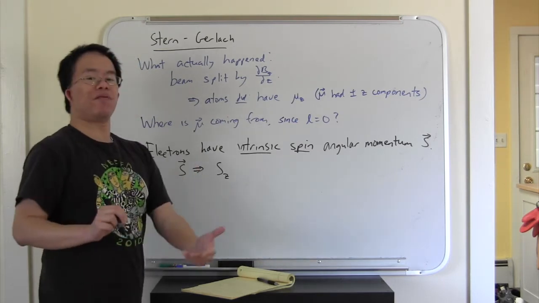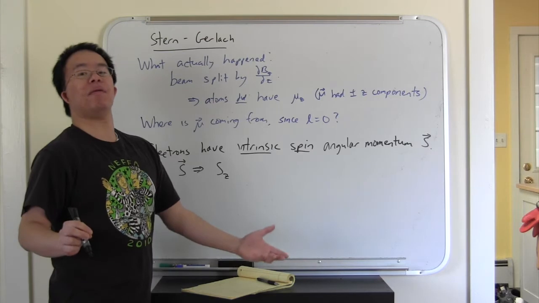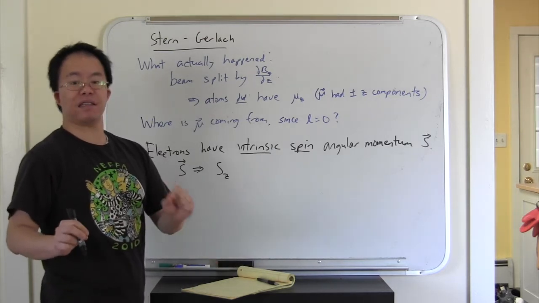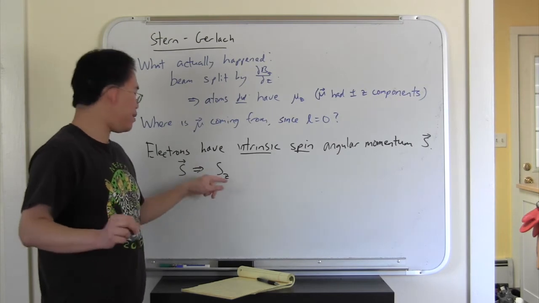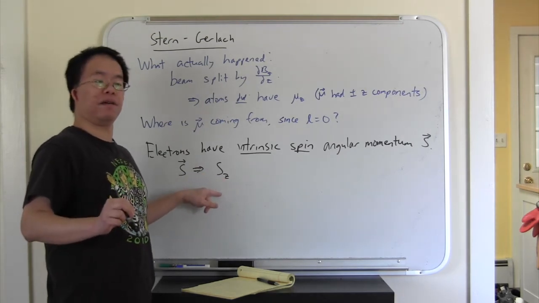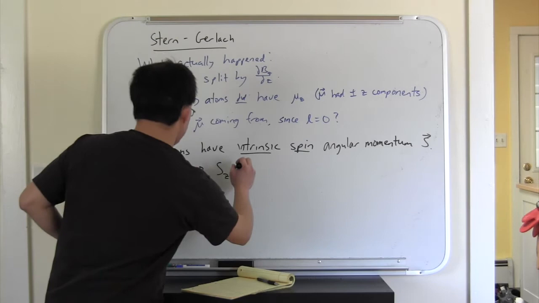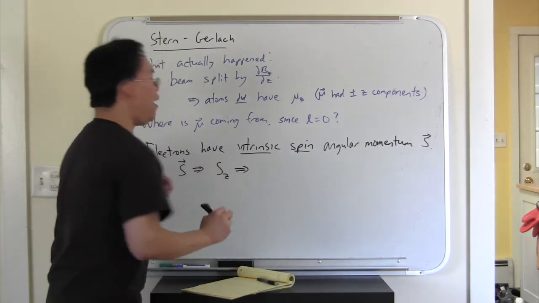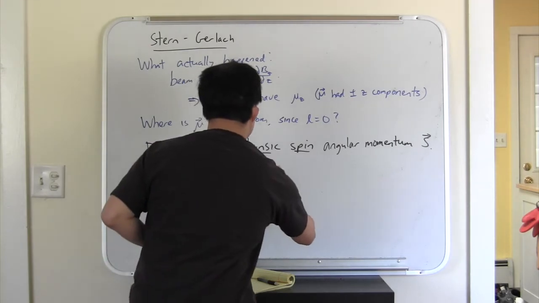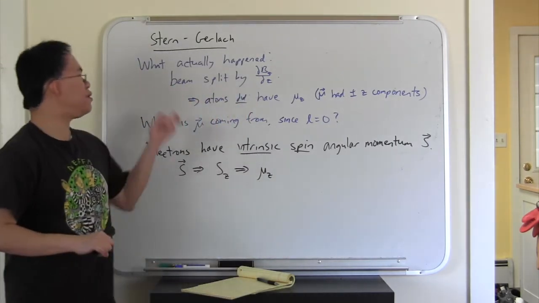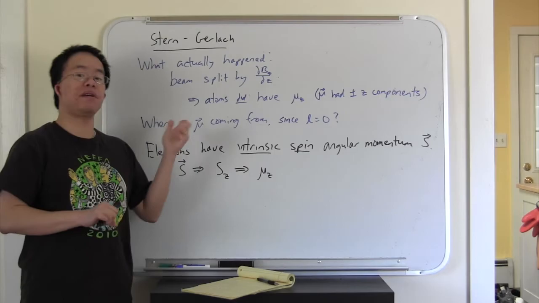Just like we had argued before that orbital angular momentum could give rise to a magnetic dipole moment, Stern and Gerlach are arguing that this spin angular momentum can give rise to a magnetic dipole moment in the z direction, and that would explain the splitting that you observe.